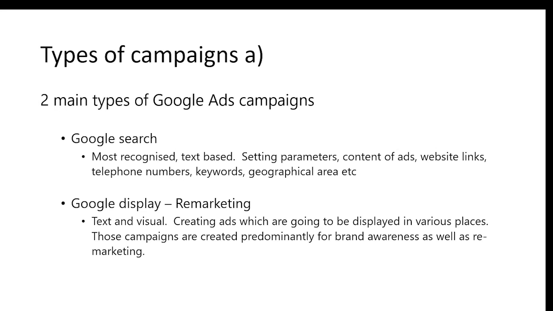Those ads are set around someone typing certain words into Google search, and those words trigger ads to appear. Those ads can be restricted to a certain geographical area, which means you can narrow down who is going to see your ads. You can be very precise with that. You can literally present your ads to just one postcode, if you wish.